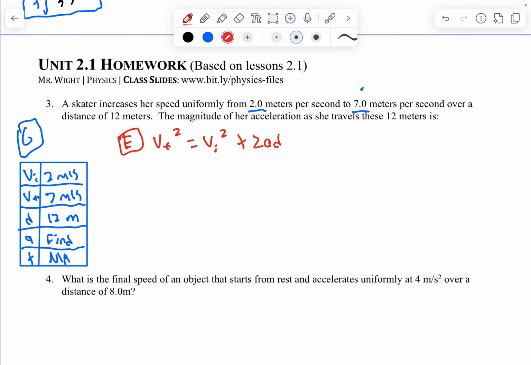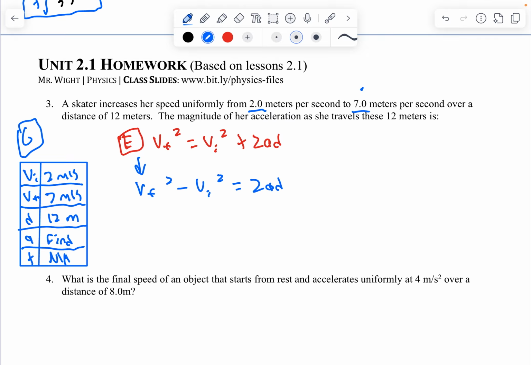This equation confuses a lot of people because of the algebra. Remember, there's squaring. You have to square things. But before we do anything, remember we have to solve for acceleration. So acceleration equals what? Well, we subtract VI squared on both sides, which makes it velocity final squared minus velocity initial squared equals 2AD.